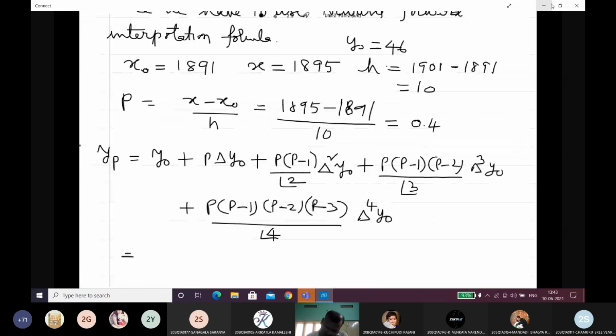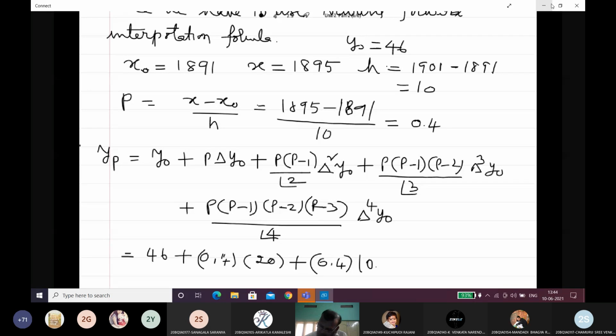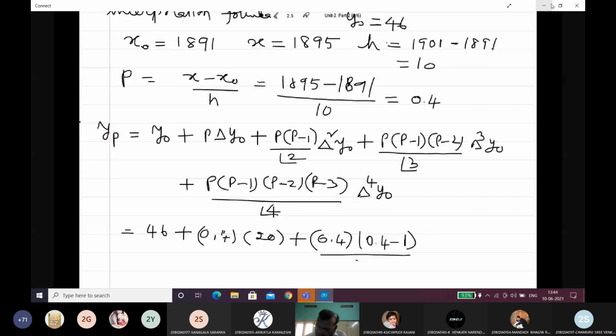Now substitute all the values. 46 plus 0.4 into delta y naught 20, plus 0.4 into 0.4 minus 1 by factorial 2 delta square y naught minus 5.